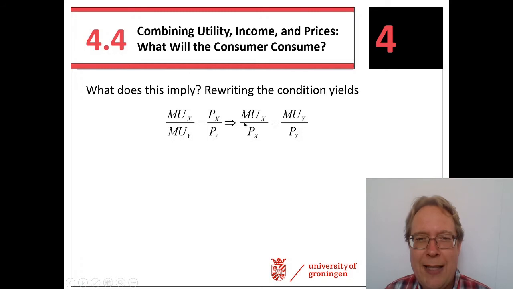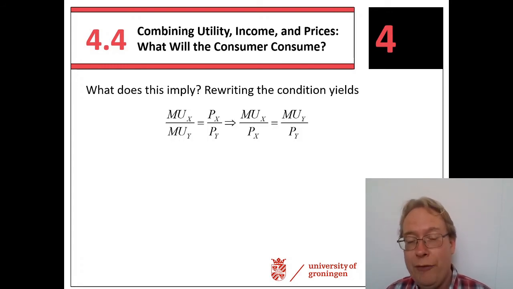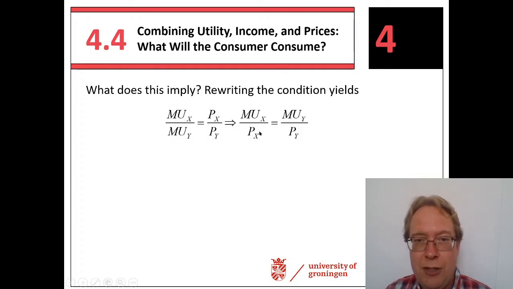But if I divide that by the price, then what do I get? Essentially, I get the extra utility of my last euro spent on that item, right? If my marginal utility of X is 10 and it costs me 5 euros to buy one extra X, then I get a return, if you like, of 2 units of utility for each additional euro.